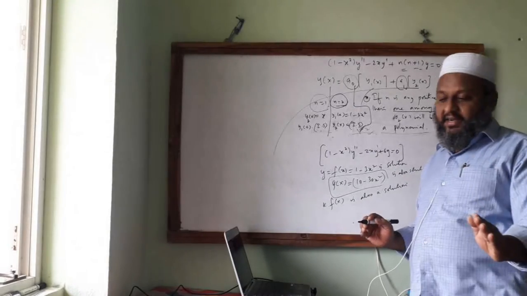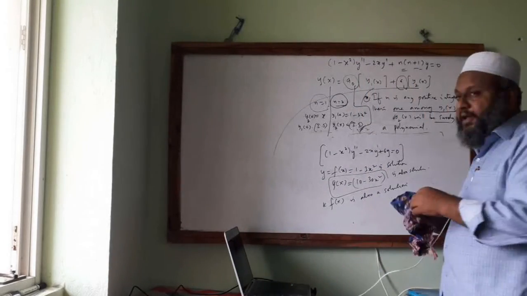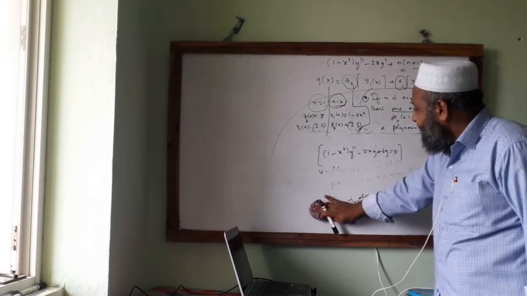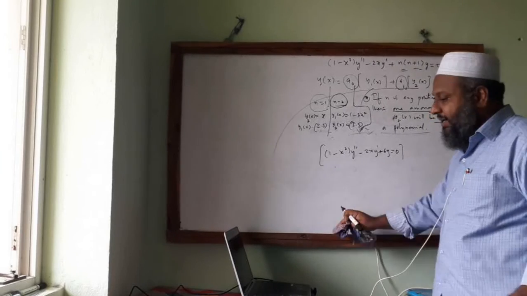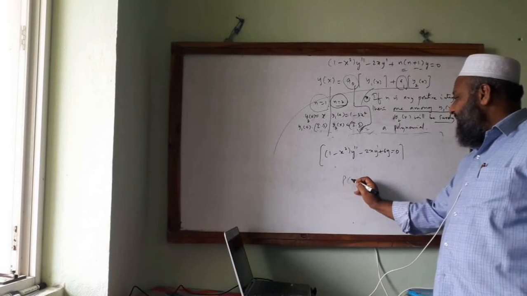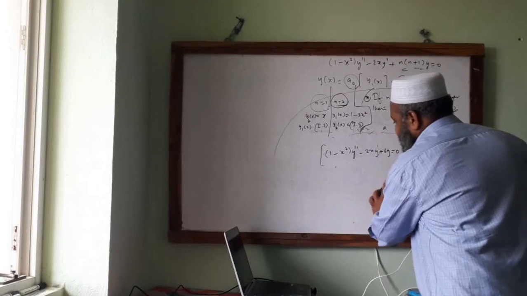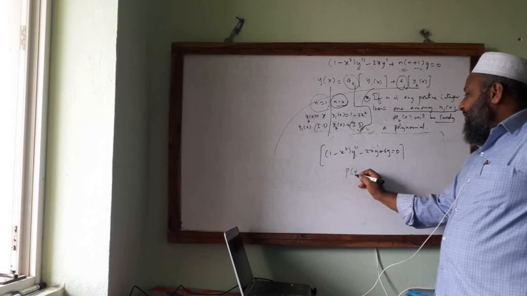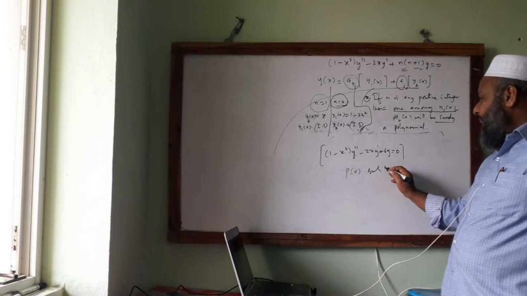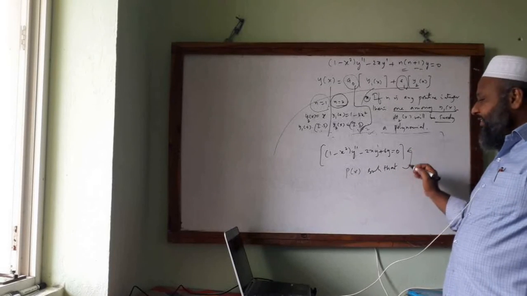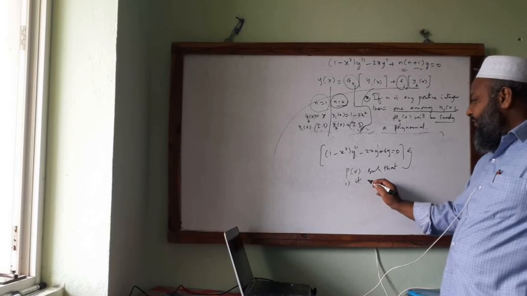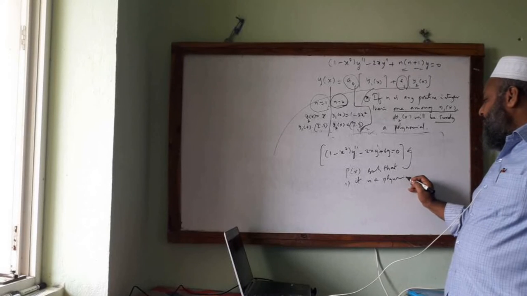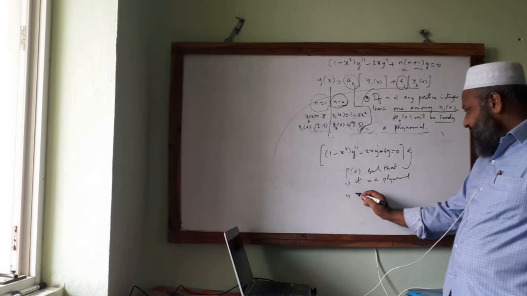Now the point is, among these many polynomials, there should be some polynomial designated as a special polynomial, and the name to be given should have some criteria. Now the criteria which in the literature they have decided is a function p of x such that it is a polynomial, and it is a solution, of course.